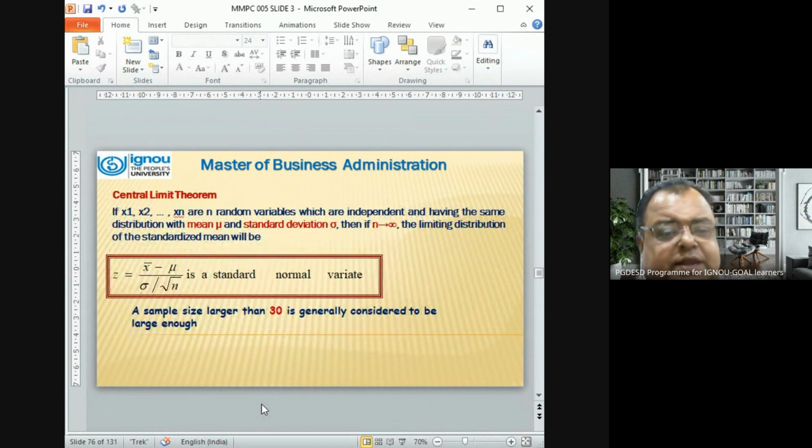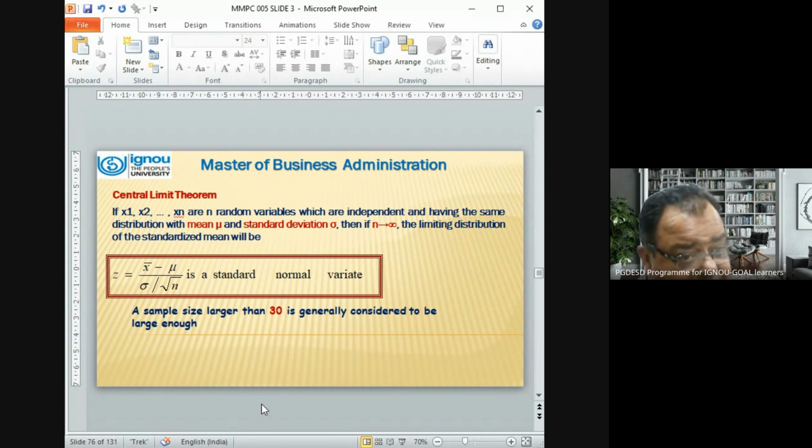Central limit theorem. Let x1, x2, up to xn be random variables which are independent and have the same distribution with mean and standard deviation. If n tends to infinity, the limiting distribution of the standardized mean will be: now see the difference.